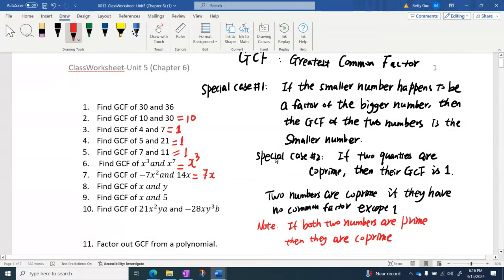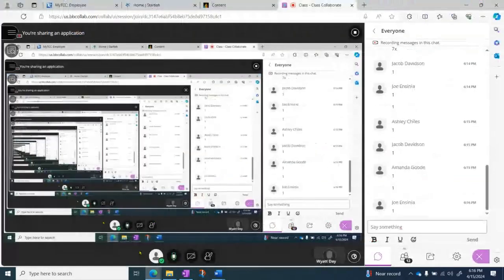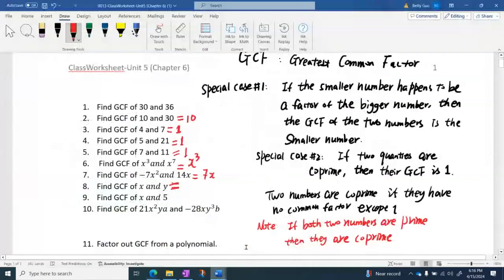Okay, let's look at number 8. What is the GCF of x and y? Two variables, x and y. What's the GCF of them? Exactly, thank you. Very good. X and y are co-prime.